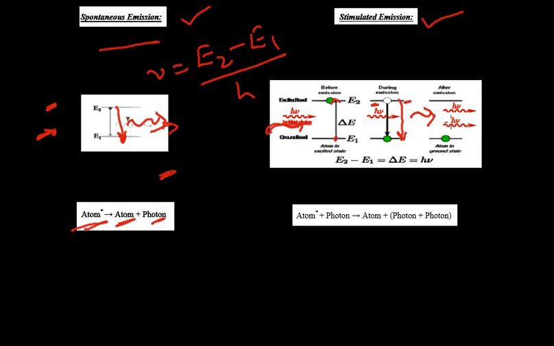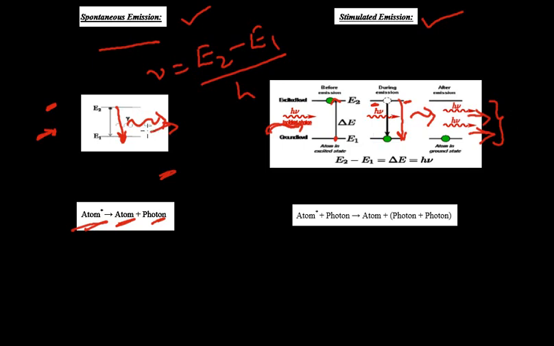The same photon it will release. And the point to be noted is that these two photons released by the excited atom while coming back from excited state to ground state will be in the same phase, and the speed will be the same and wavelength will also be the same.